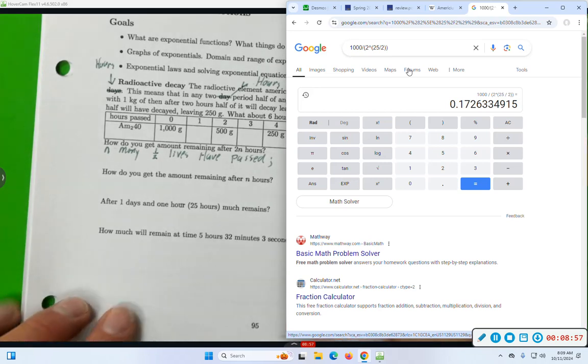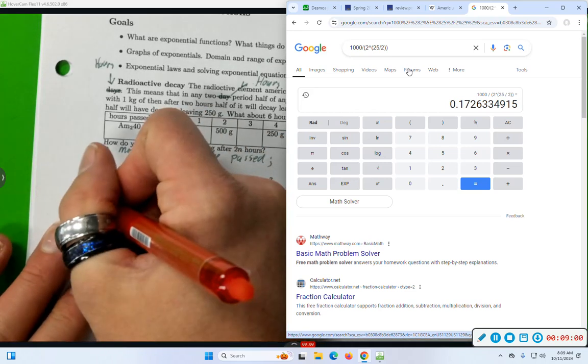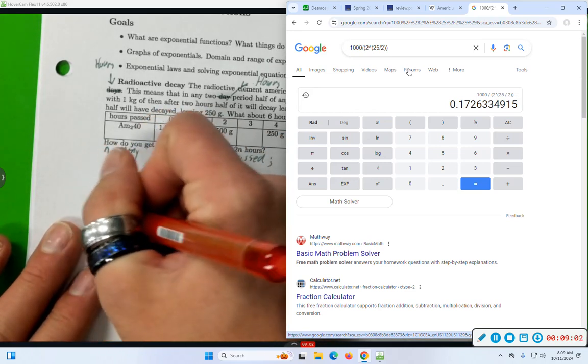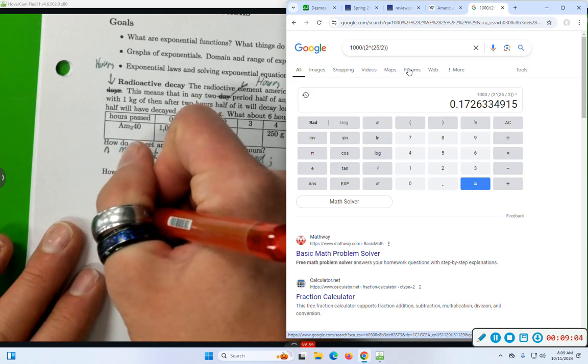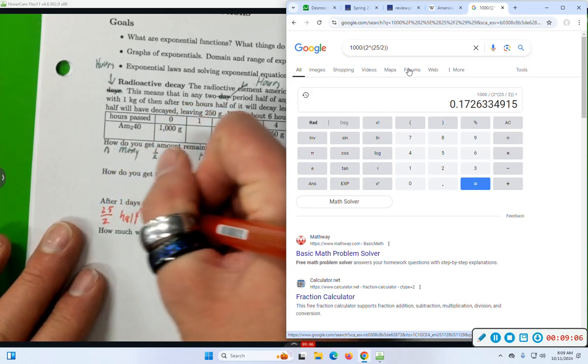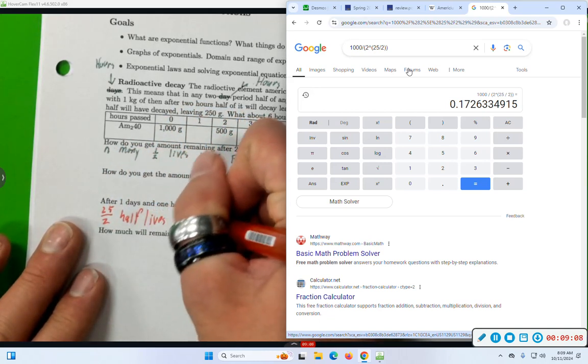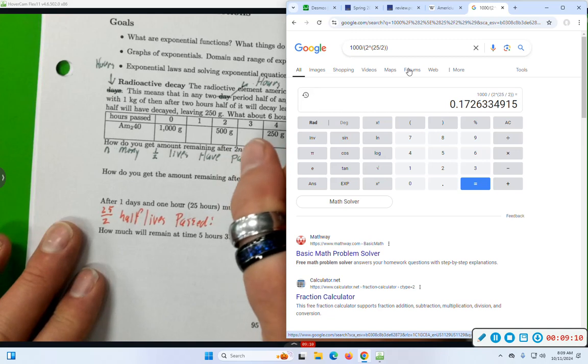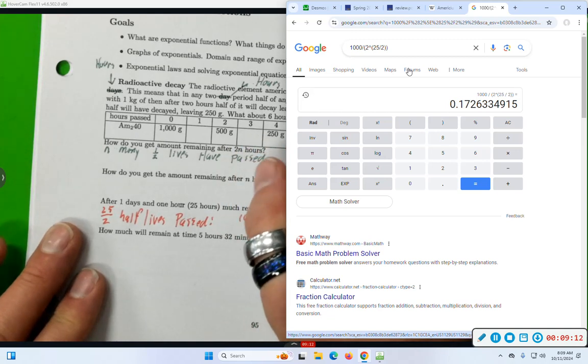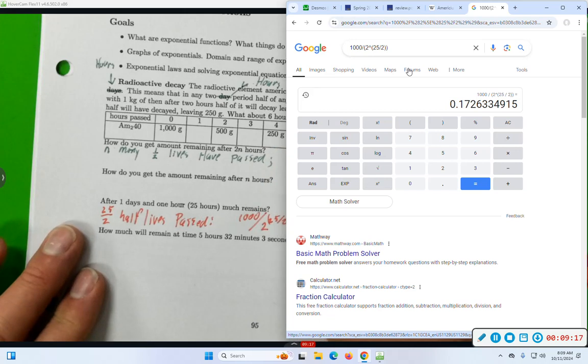So, at 25 hours, 25 divided by 2 many half-lives have passed. So you need 1,000, the initial quantity, divided by 2 to the 25 over 2. Parentheses matter.